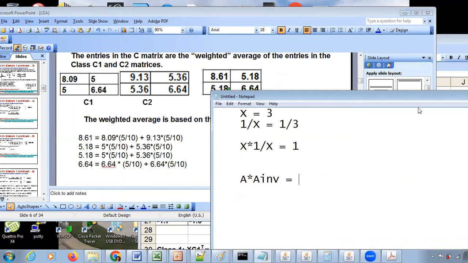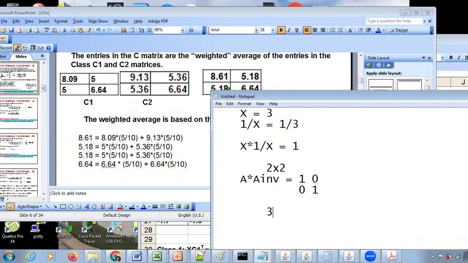If you multiply A with A inverse, this is a matrix, so it depends on dimension. Let's say A is a 2 by 2 matrix, 2 rows and 2 columns. Then if you multiply the matrix with its inverse, you should get what's called an identity matrix, which is going to be 1, 0, and 0, 1. So the leading diagonal will have ones.